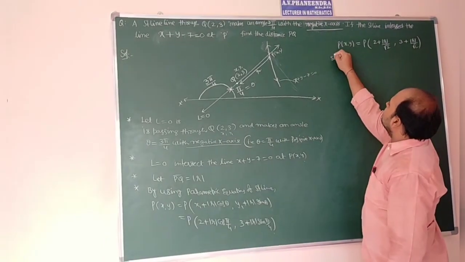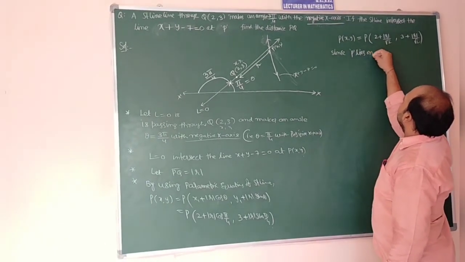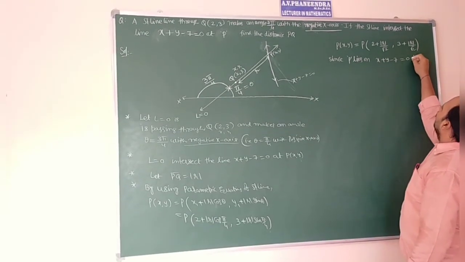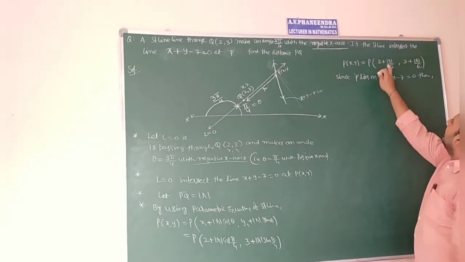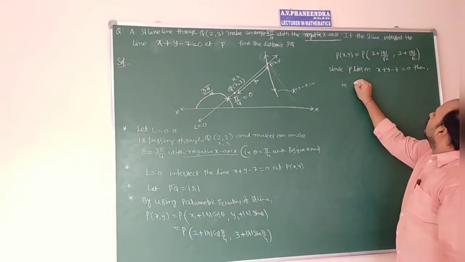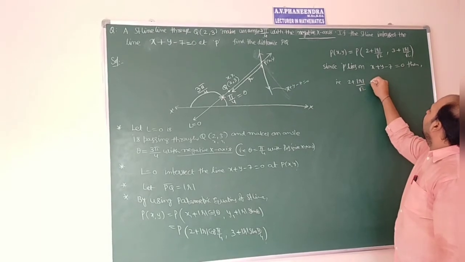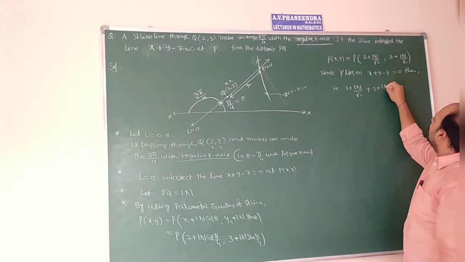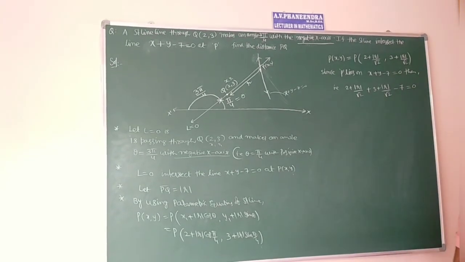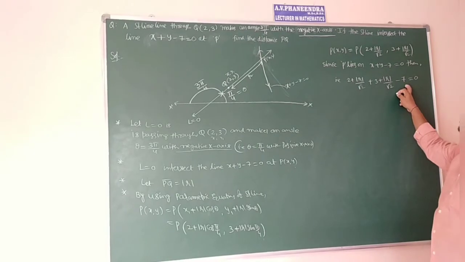Since P lies on x plus y minus 7 equal to 0, in place of x comma y we have to replace these values. 2 plus mod r by root 2 plus 3 plus mod r by root 2 minus 7 is equal to 0. 2 plus 3 is 5, minus 7 equal to minus 2.